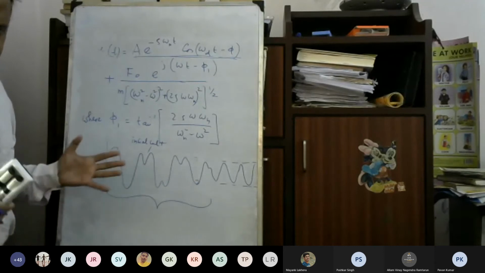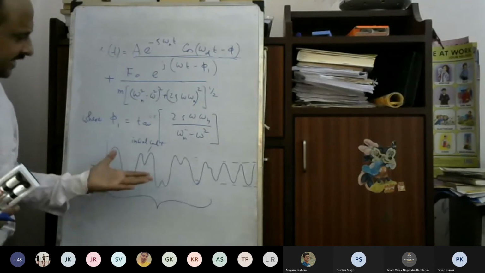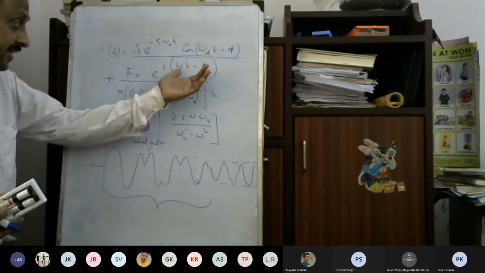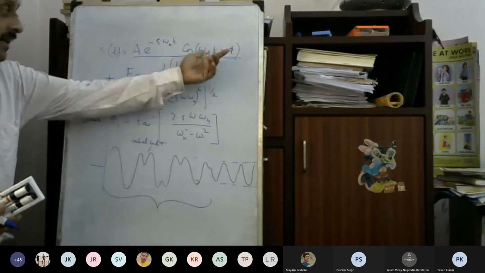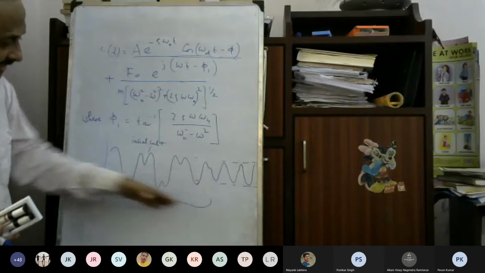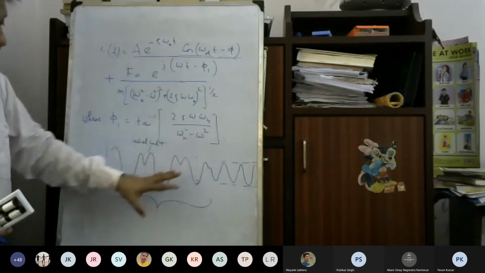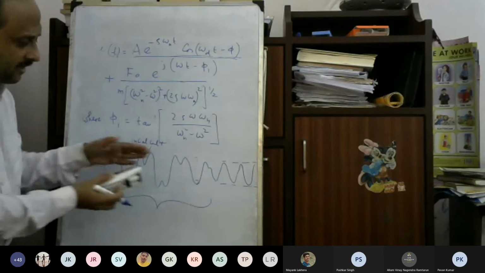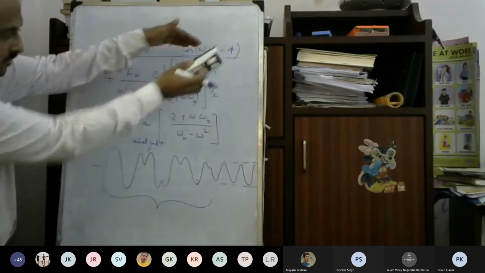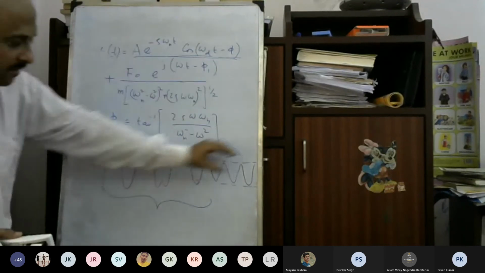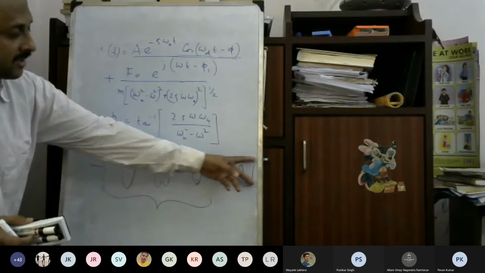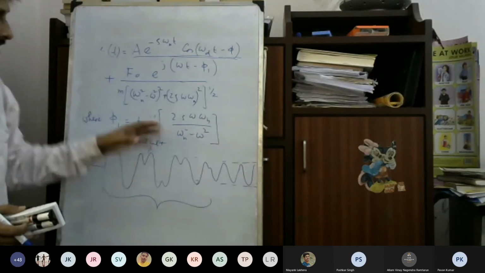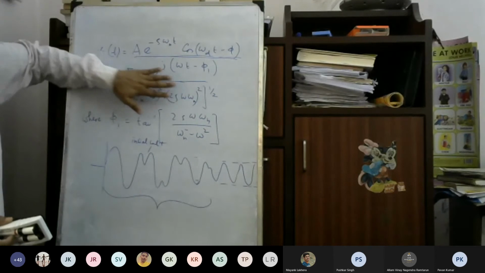These are distinct frequencies. One frequency will be that of the forcing frequency, j omega t. Another will be omega d t. So there will be two frequencies present in this initial time instance, and after that one component will gradually go to 0. You see that the omega d term, this component, will go to 0, and eventually after a very large time you'll get only the periodic term appearing here.